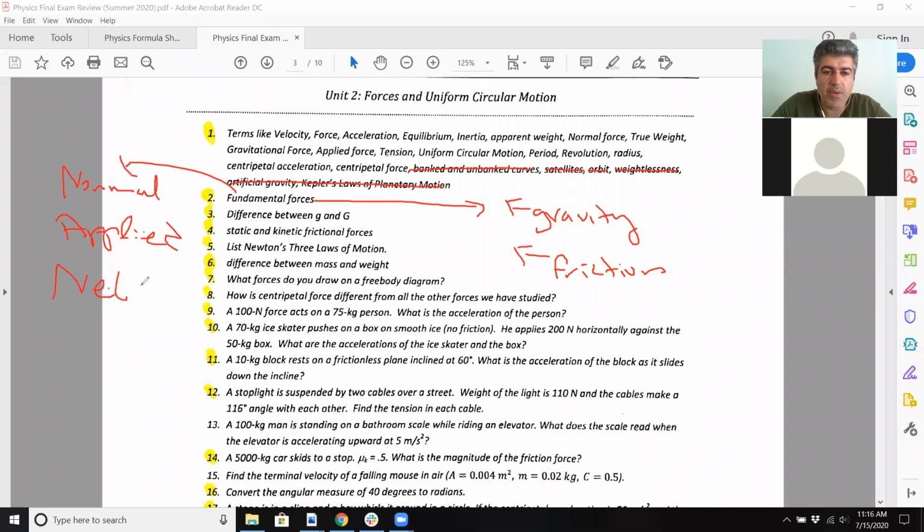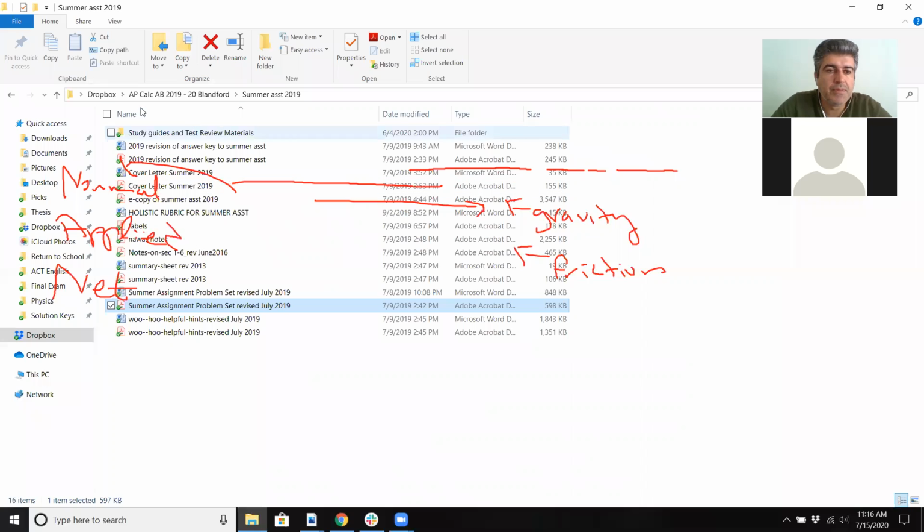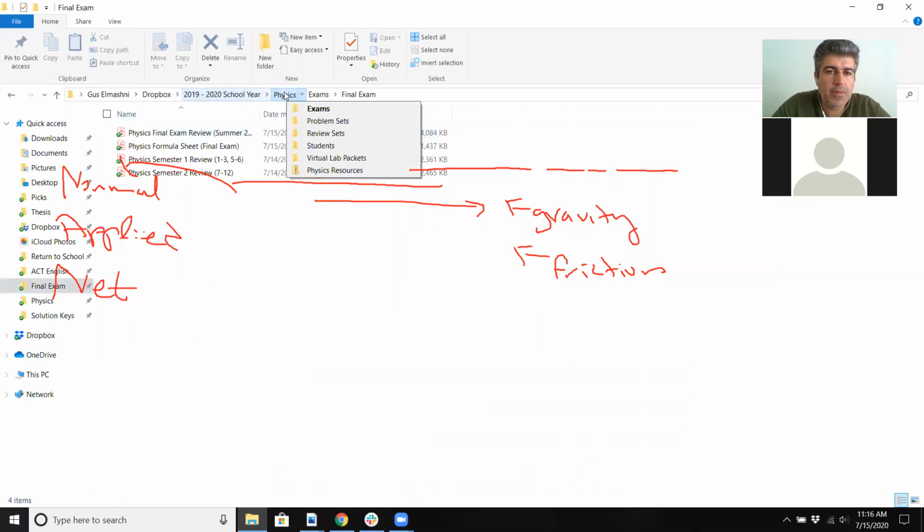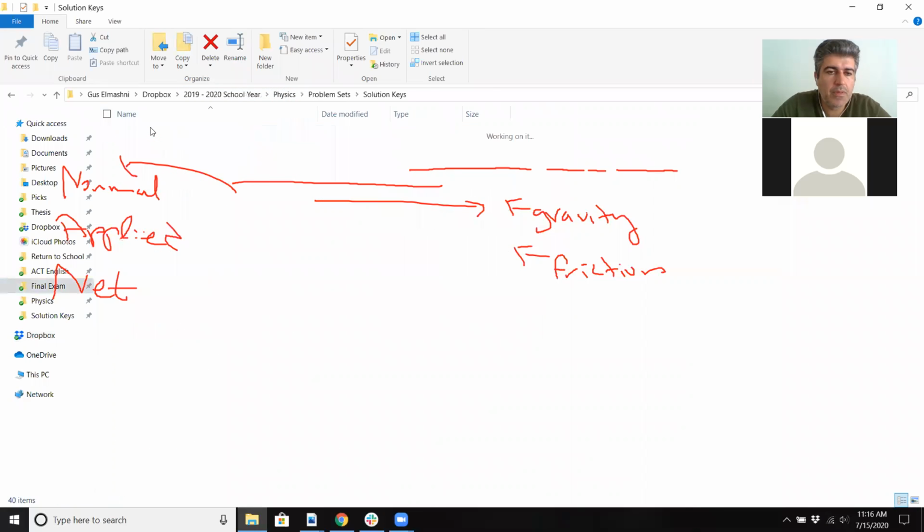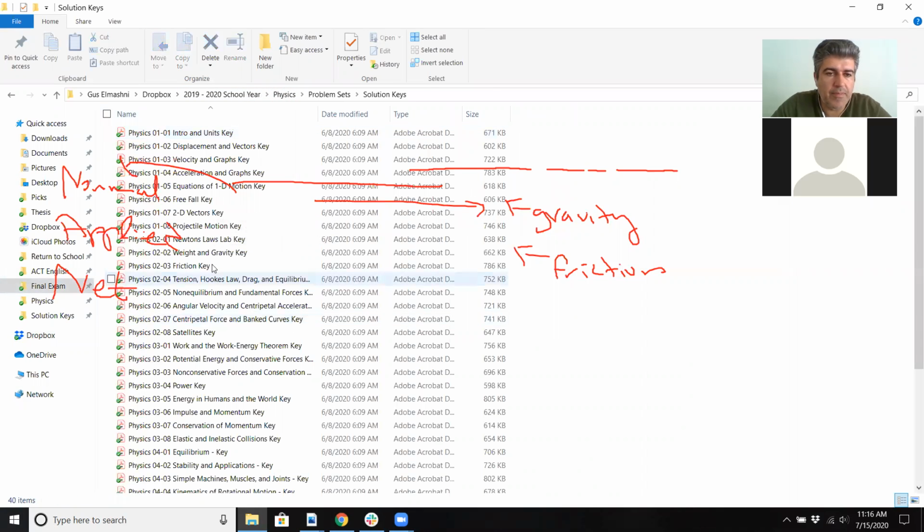So make sure you know all that. Your notes should help you there. If you look at your notes, there's a lot of stuff on fundamental forces right there.